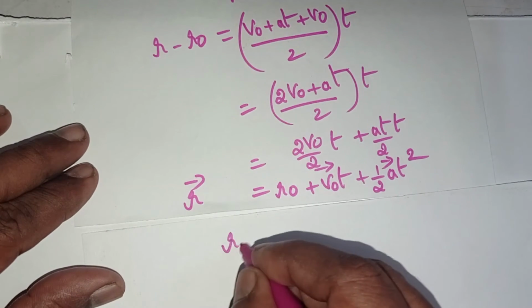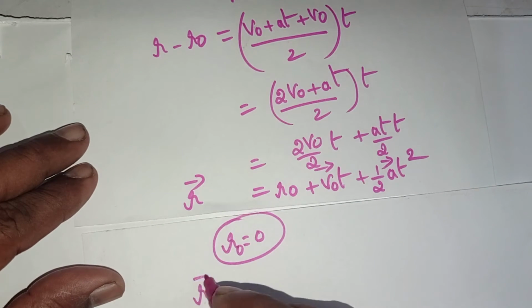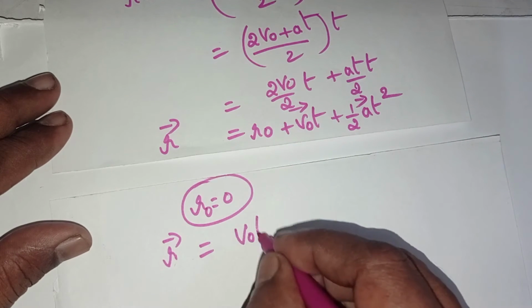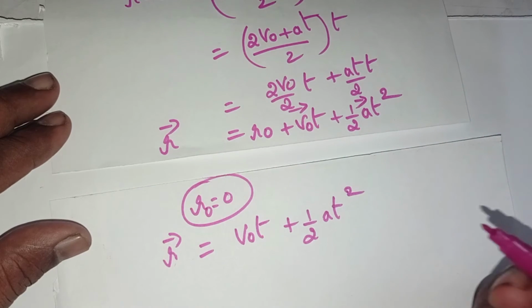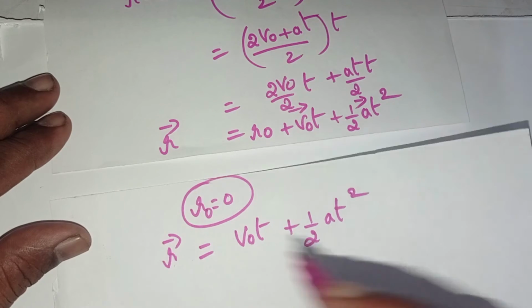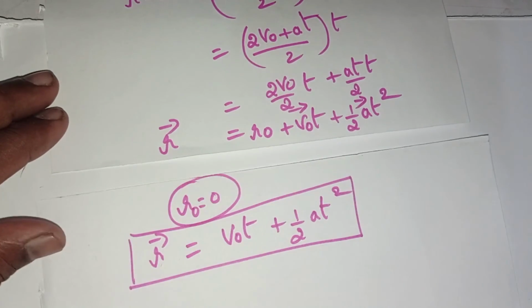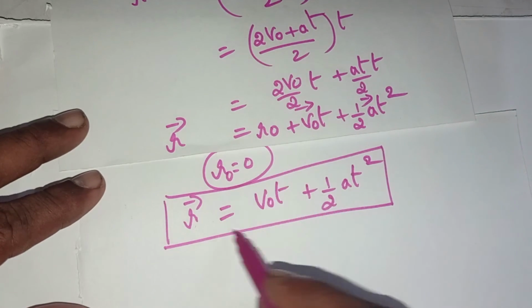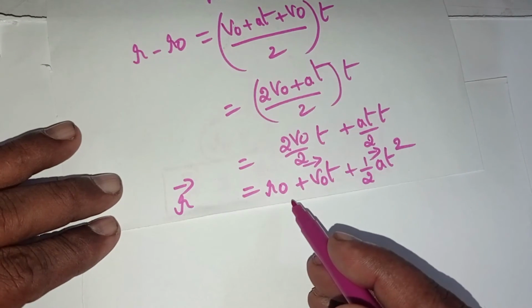If R naught equal to 0, then R vector will become V naught into T plus half AT square. Okay, this we know, right? Next, now this can be split into two components. If R naught is 0, we will get this, but we have the final relation like this: R vector is equal to R naught plus V naught T plus half AT square.